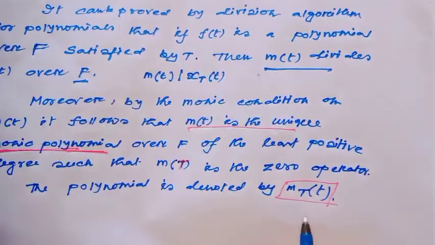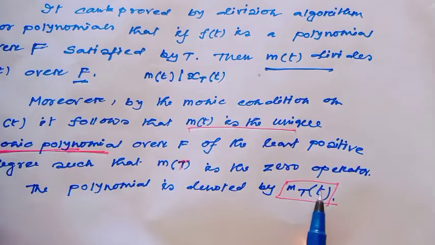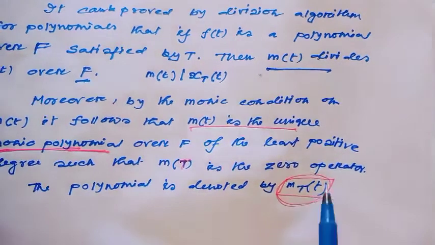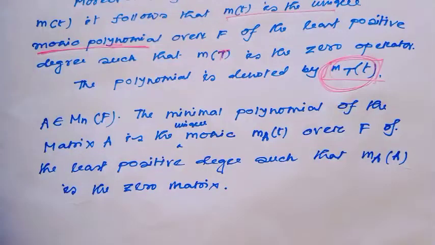Then the polynomial is denoted as m(t), with small t. Minimal polynomial is denoted by this notation. Are you getting it? Okay. As for example, consider a matrix A belonging to M n cross n matrices over the field F.